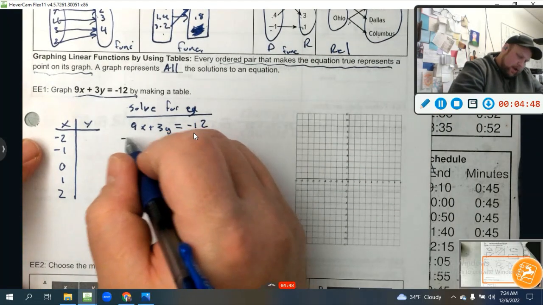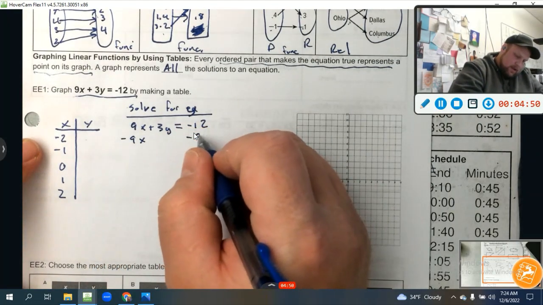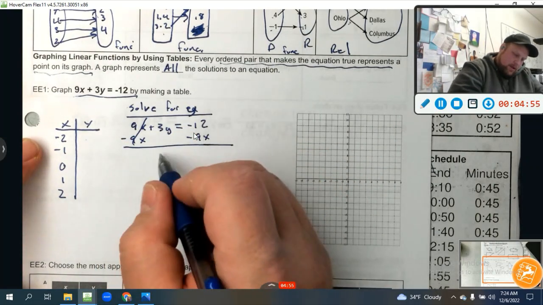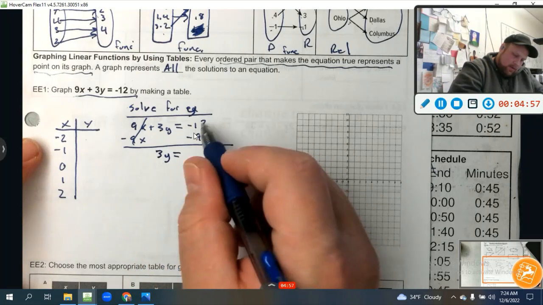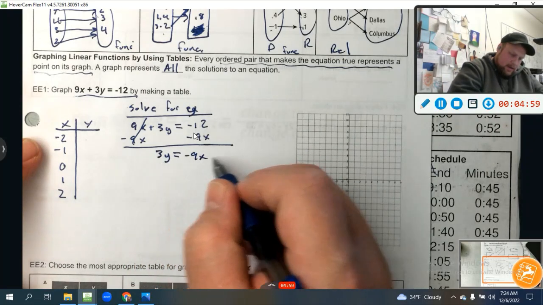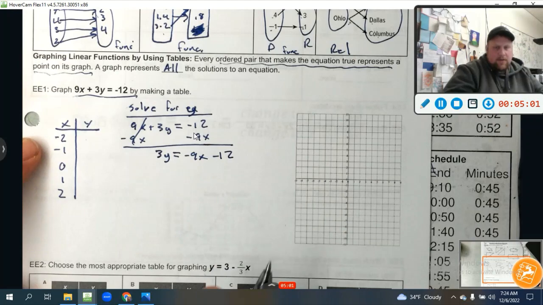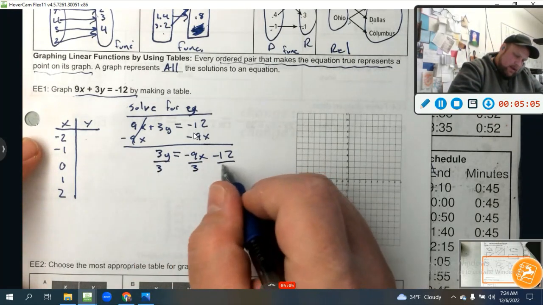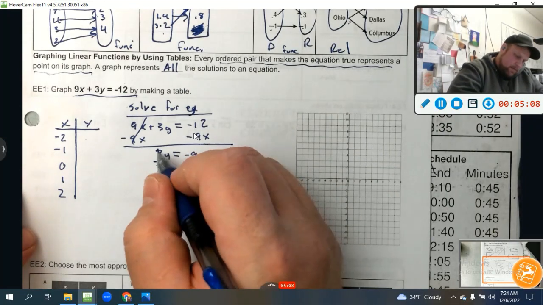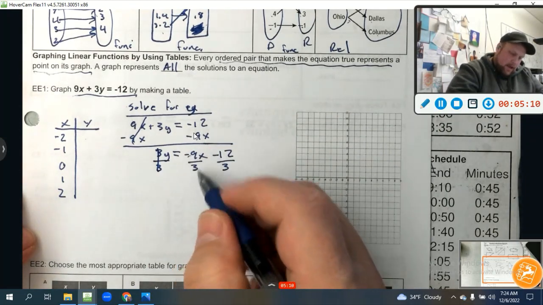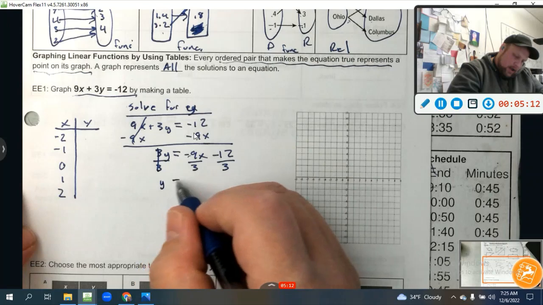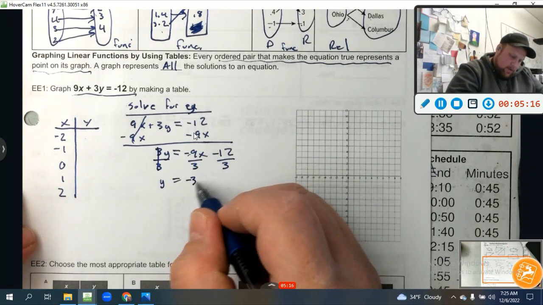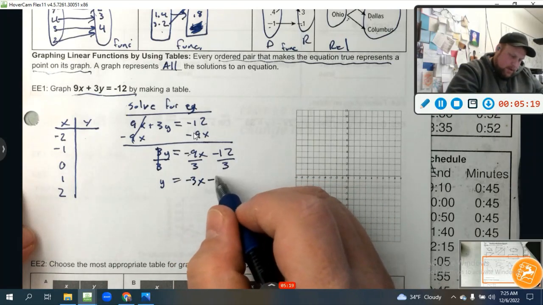I'm going to subtract 9x from both sides. Now, I can't combine these terms, but watch this: 3y equals -9x minus 12. I'm always going to put the x term first. Last, I need to divide everything by 3. Negative 9 divided by 3 is negative 3x. Negative 12 divided by 3 is minus 4.